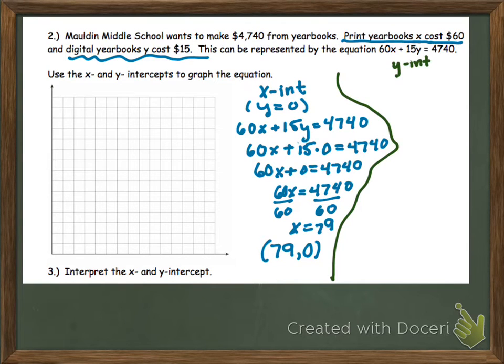When we're finding the y-intercept, that's when x is equal to 0. So we rewrite the equation, this time making x equal to 0.